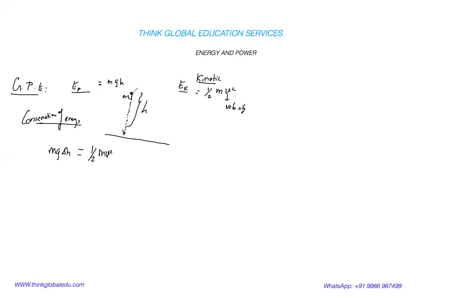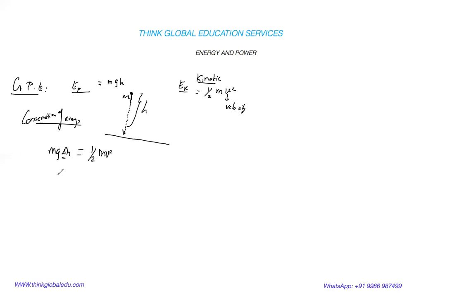At this point the potential energy is maximum and the kinetic energy is 0 or minimum. When the object starts to fall, the kinetic energy increases and the potential energy drops. As the height decreases, potential energy also decreases. That's why we write delta h, the change in height.